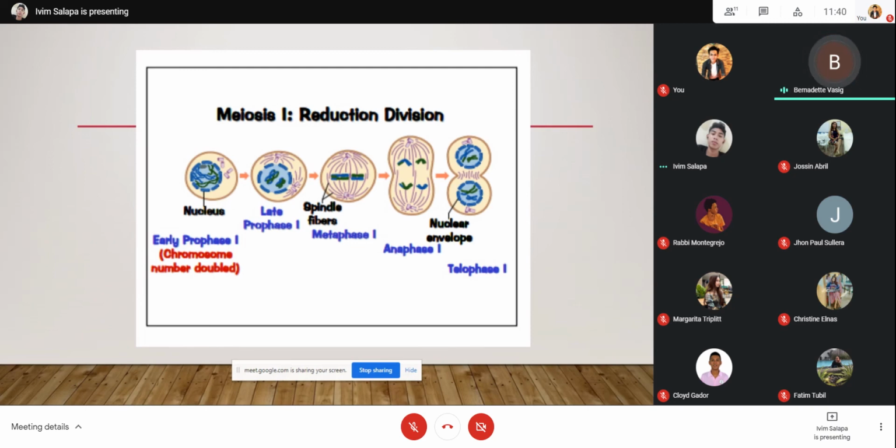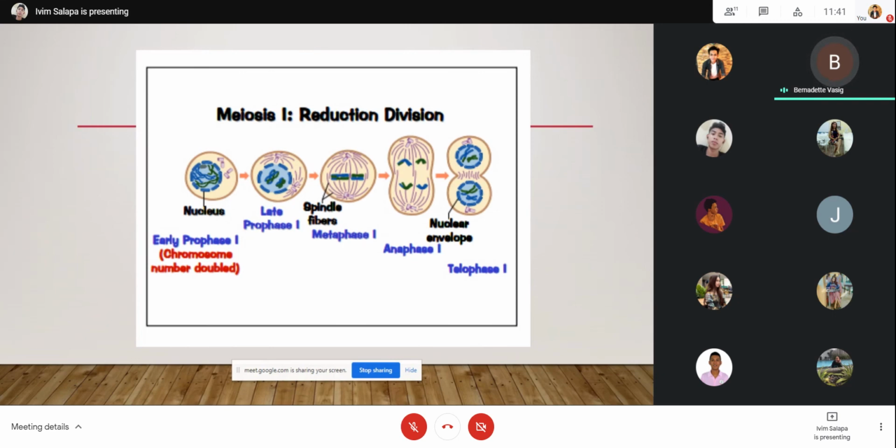Whereas in meiosis, one kinetochore microtubule from one pole is attached to one kinetochore on one of the homologs, and the other kinetochore microtubule from the other pole of the cell is connected to the other homolog. Okay, so that's the difference.